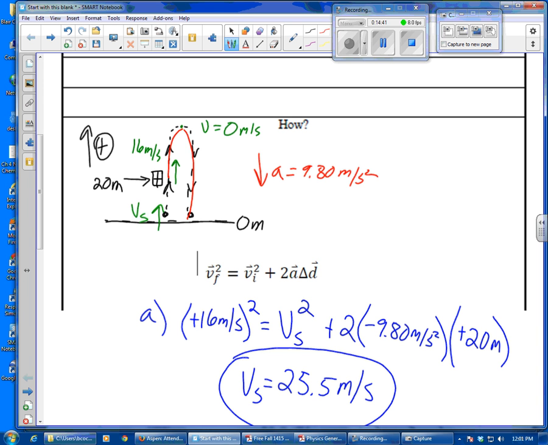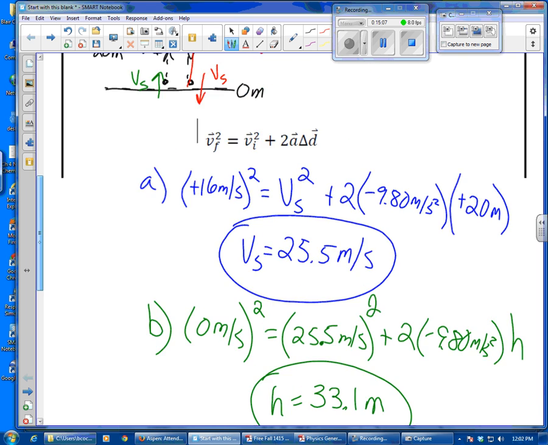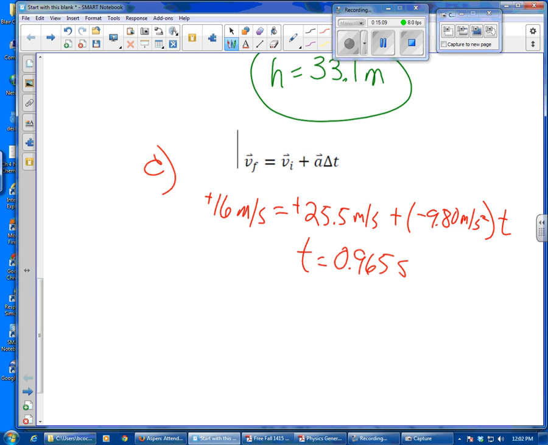What else? Which way is it moving? Downwards. How fast is it moving down compared to how fast it was moving when it started? Same speed because of that symmetry. So it's going actually v_s but downwards. I'm going to use that fact to help me out down here.